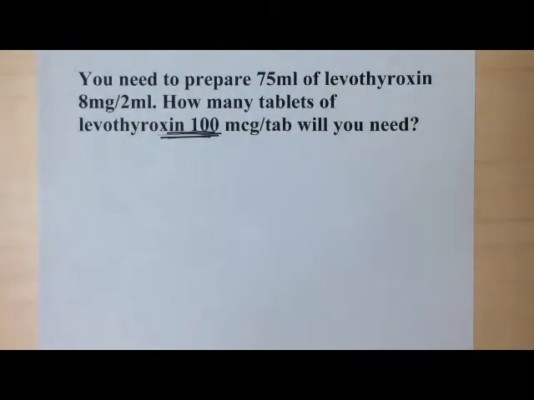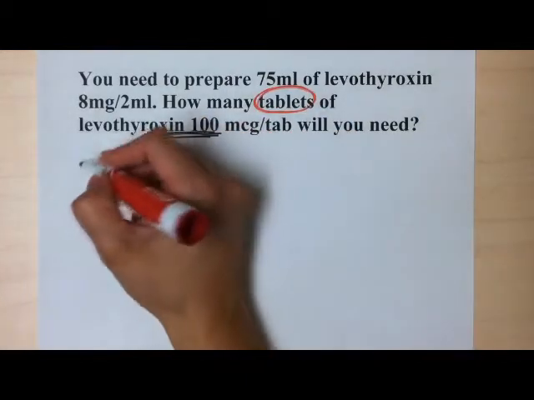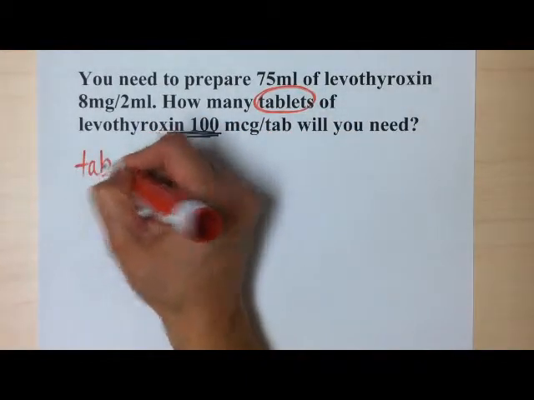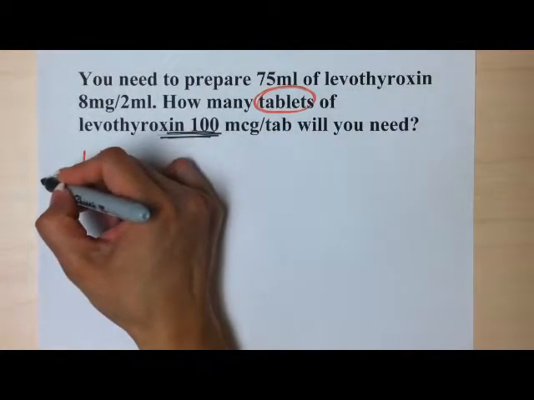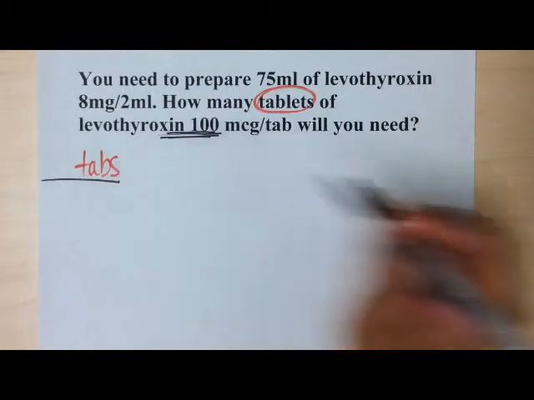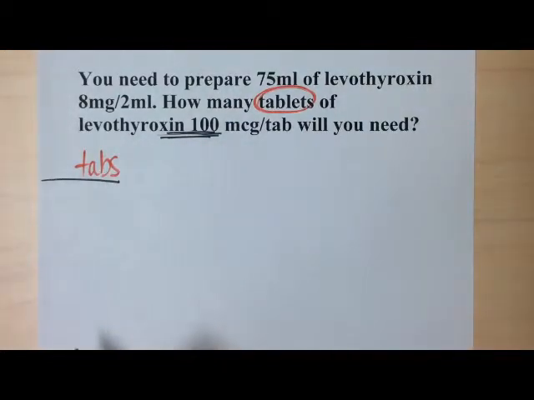So if we zone in on the question, if we look at the unit we want to end in, it's actually tablets, because we're trying to figure out how many tablets. So that will start our equation. Remember, this is crucial that you can key in on the unit you want to end in, because that will start our equation here. So what do we know about tablets?